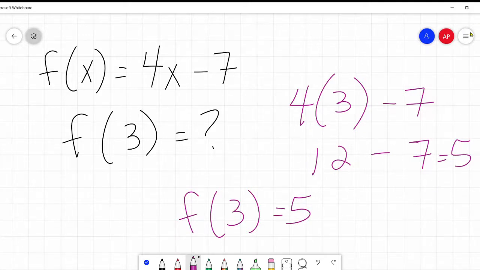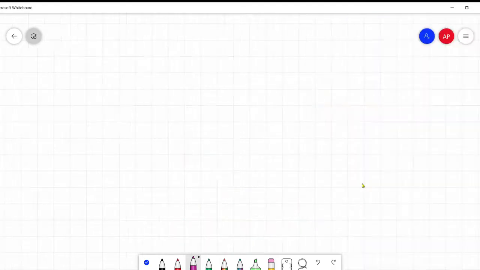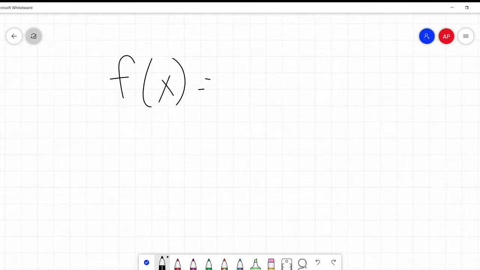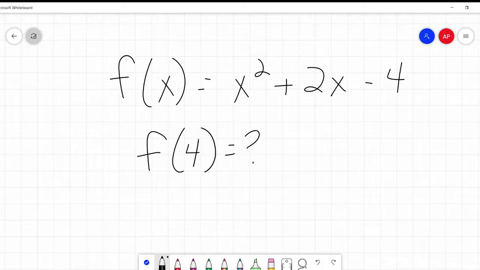Okay, and this can be a little more complex. It might be something like, let's say, f of x equals x squared plus 2x minus 4. They say, okay, what is f of 4? Again, they're telling you that 4 is your x. It's your input, your independent variable. They want you to plug that 4 into your little computer program of a function and see what it spits out. So let's do that.